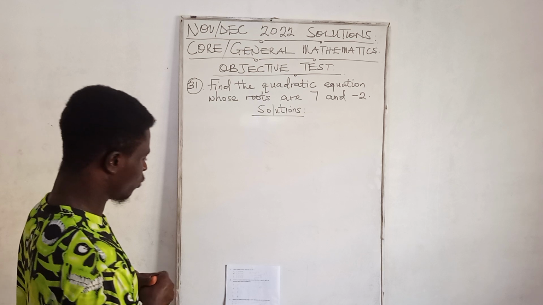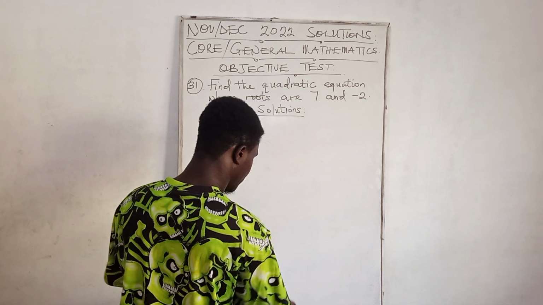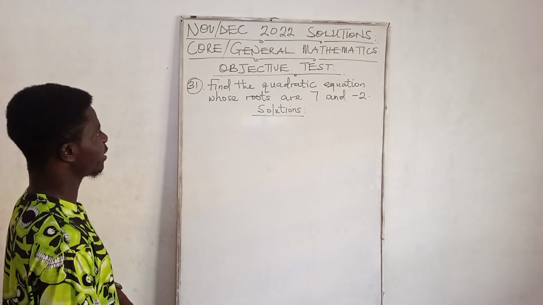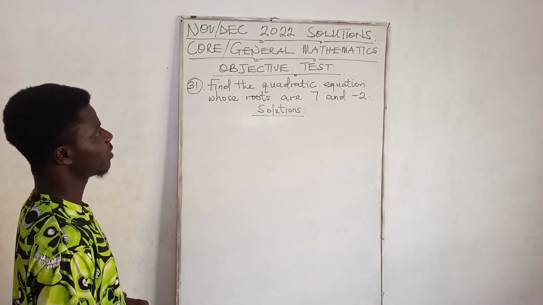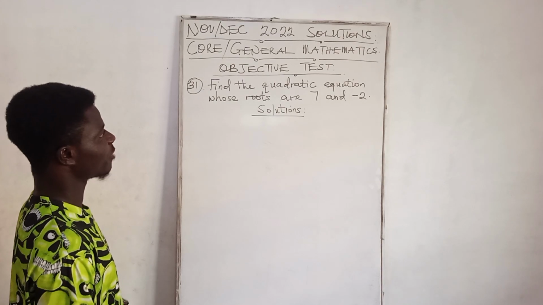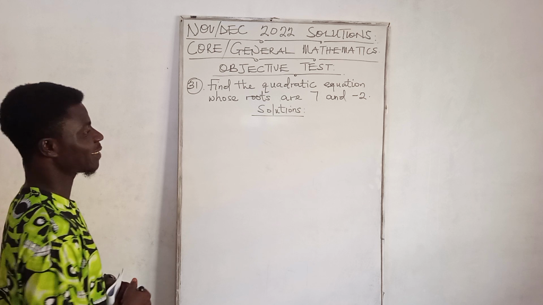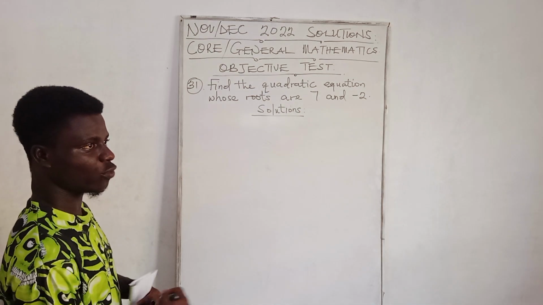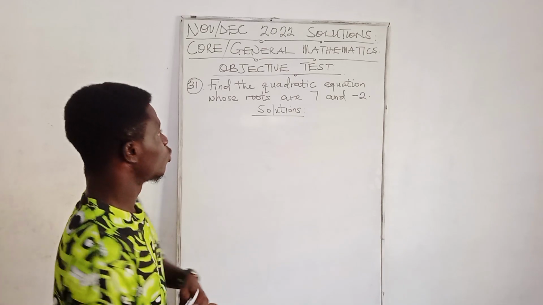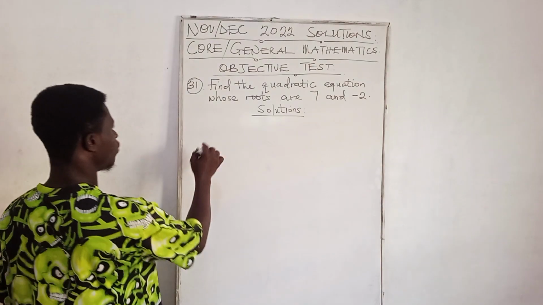So, question 31 states: find a quadratic equation whose roots are 7 and -2. Now, we have a formula we use to find the quadratic equation.